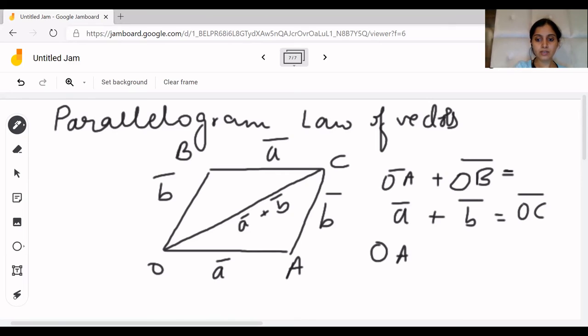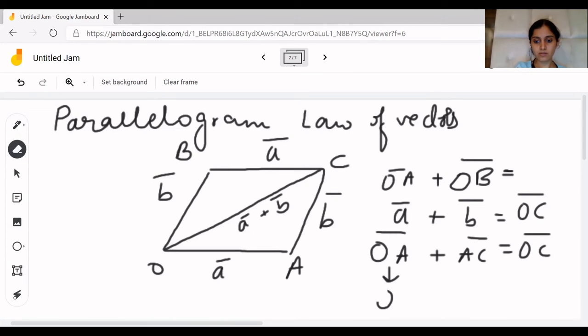You can also write this as OA bar plus AC bar is equal to OC bar. Sorry, OA is equal to BC, and AC is equal to OB.